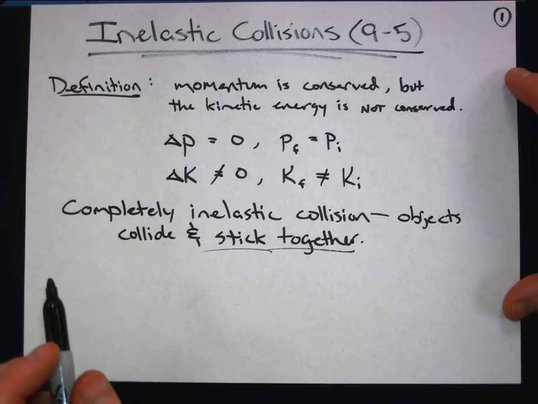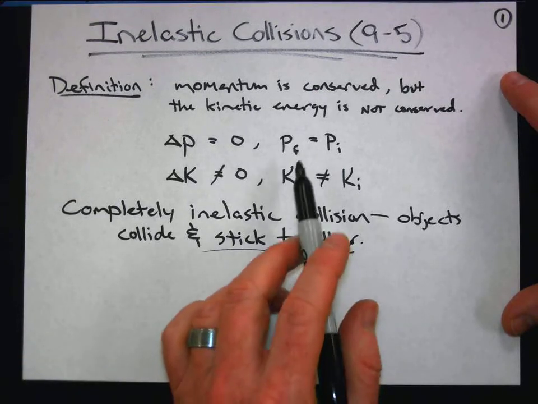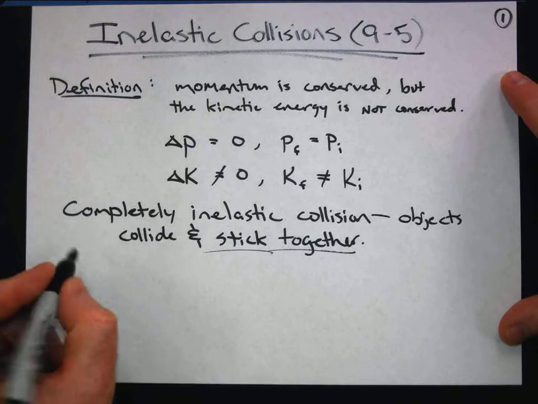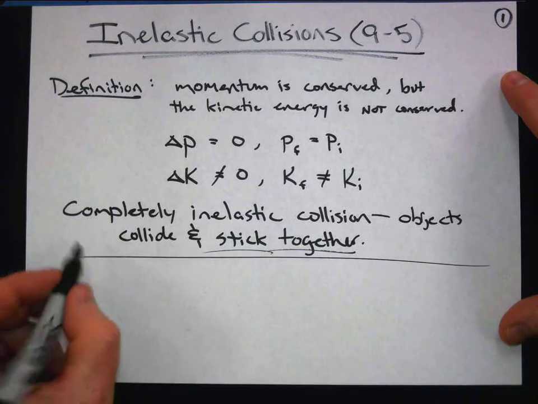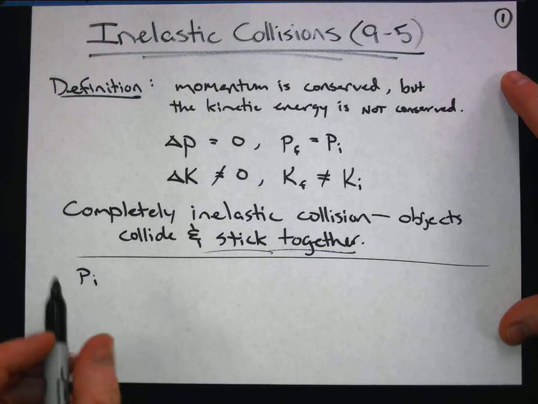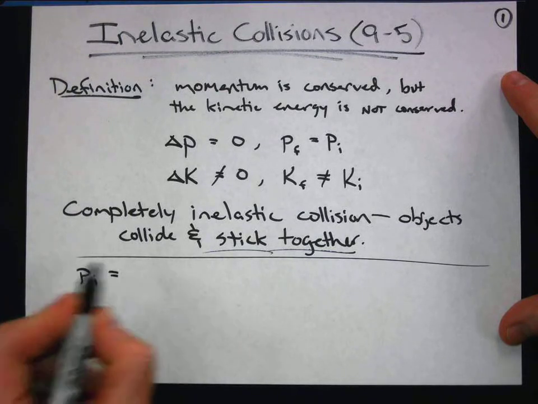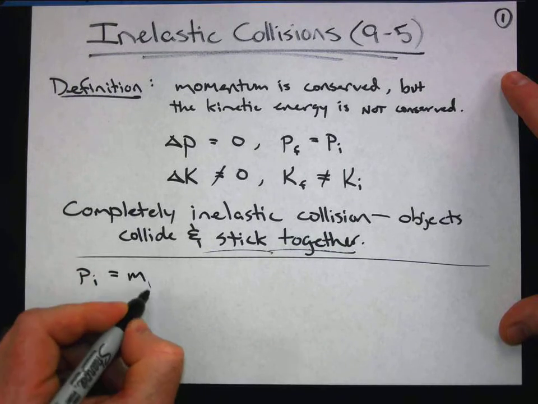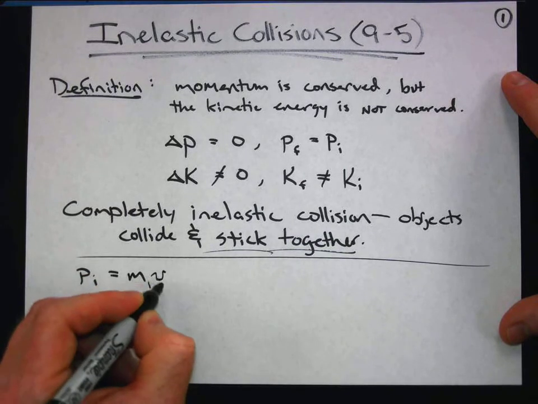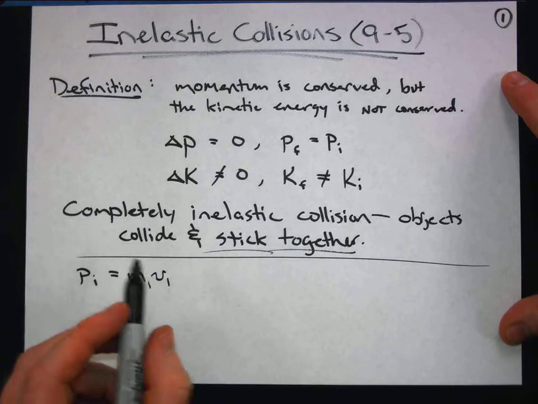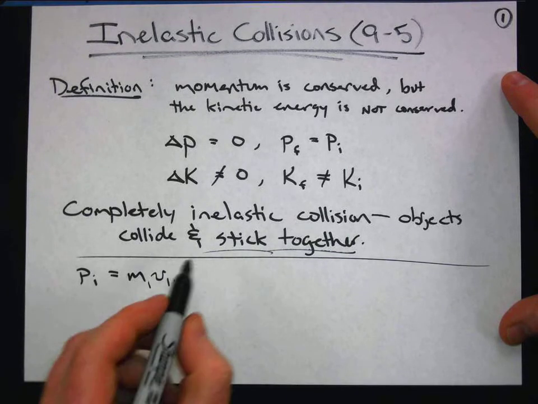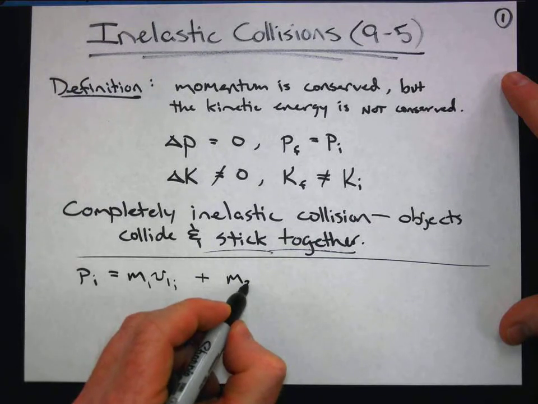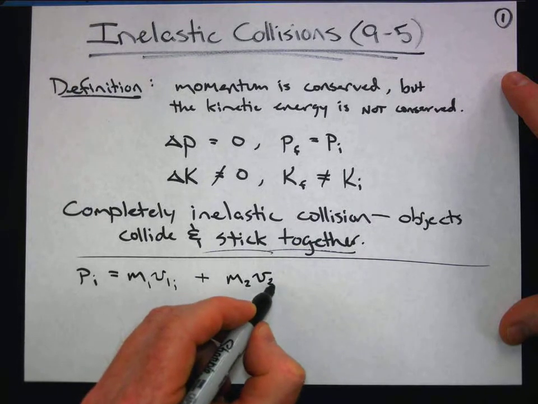Now, these two bits about momentum, the final and the initial, we can look at each one of those independently. We know that the initial momentum of a system is equal to the momentum of object 1, or if we're going to have two objects, we'll have momentum of object 1, which is m1v1 initial velocity. And we're going to have to add the momentum of object 2, m2v2 initial.